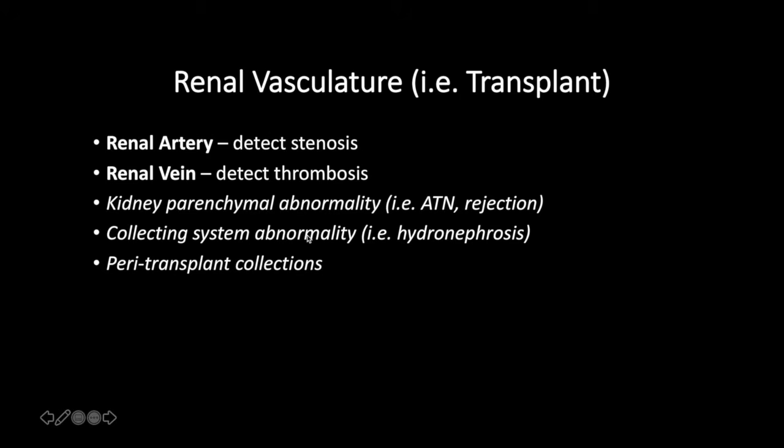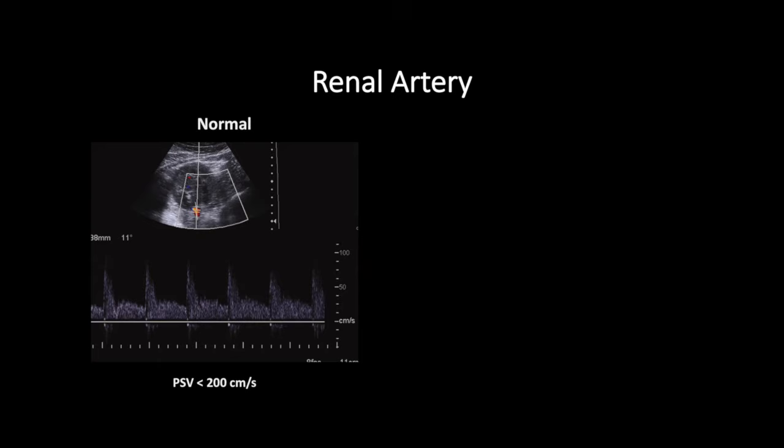When we look at the collecting system, we're looking specifically for obstruction. So we're looking for hydronephrosis, as we would in any kidney. And then we're also looking for peri-transplant collections, like most commonly early on we get hematomas around the kidney. But again, the focus is not renal transplant in general here, but I did want to briefly go over a broad approach. But let's look at each of these in turn.